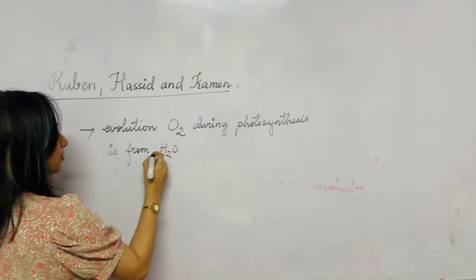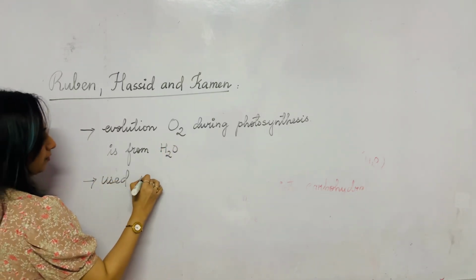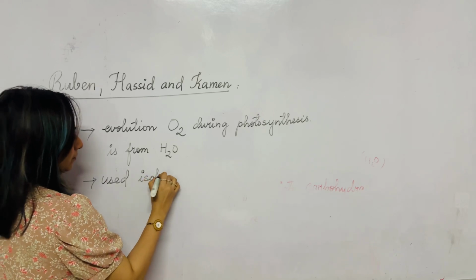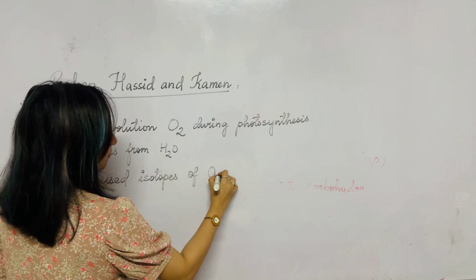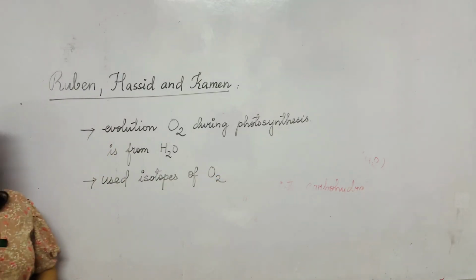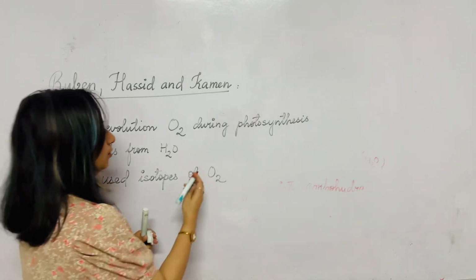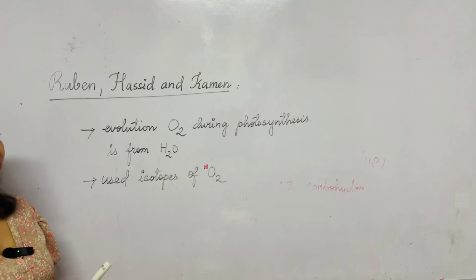So what did they do? They used isotopes of oxygen. Clear? They took the heavy isotope of oxygen, that is O18.